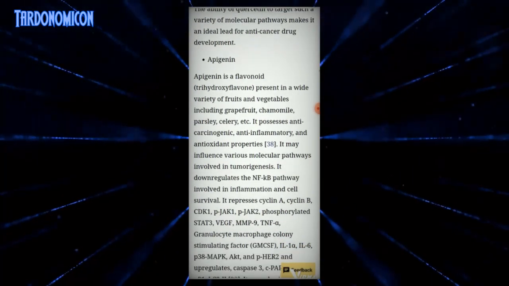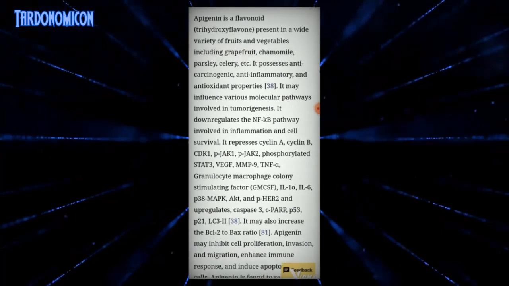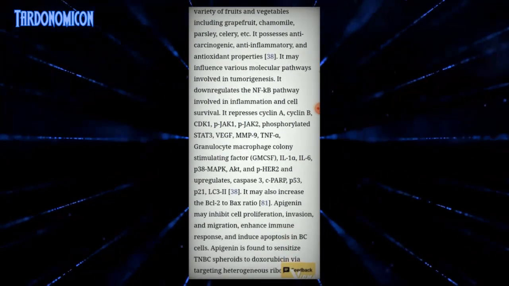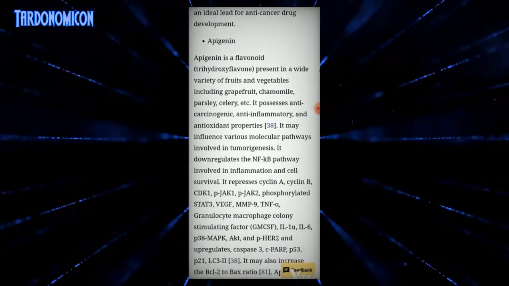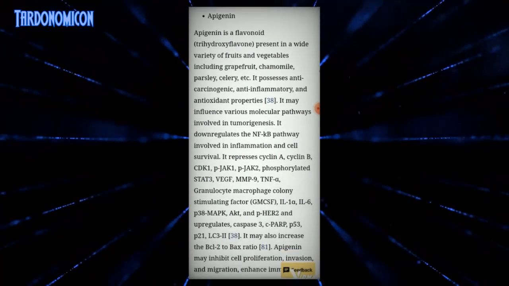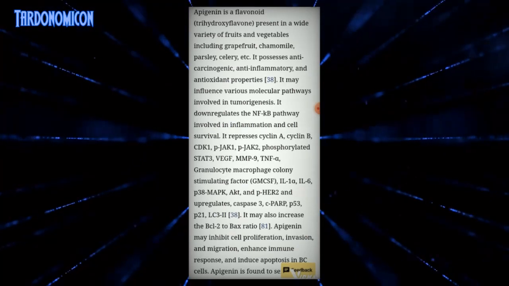Apigenin. Apigenin is a flavonoid present in a wide variety of fruits and vegetables, including grapefruit, chamomile, parsley, celery. Now you'll notice a lot of these are geroprotectors. Okay? Keep that in mind. A lot of these anti-cancer phytonutrients are geroprotectors, meaning they reverse the aging process.